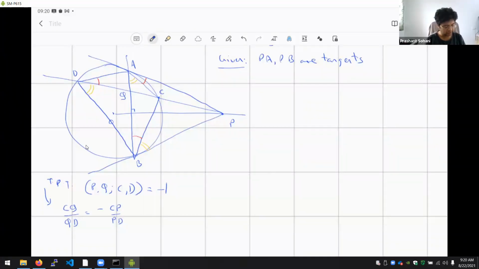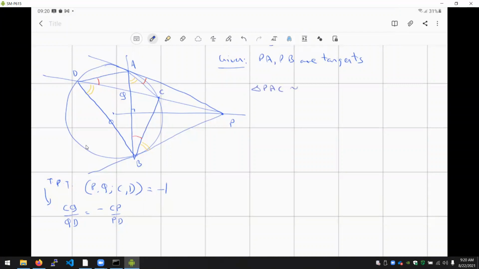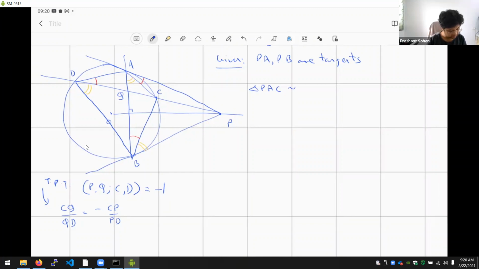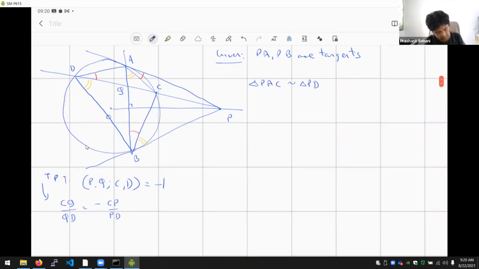For example, triangle PAC is similar to what? PDA, because of the red angles which I marked just now.